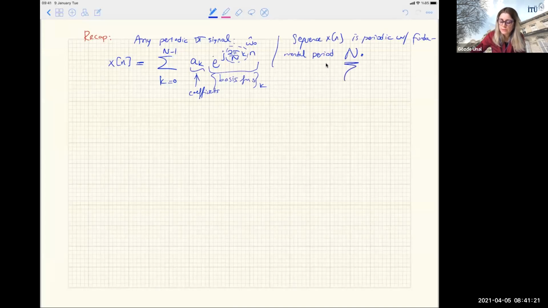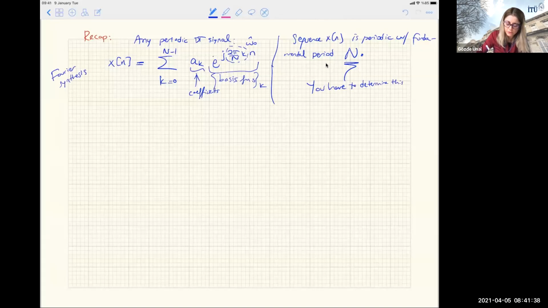You have to determine this, okay? Now we also remember this was our Fourier synthesis equation.